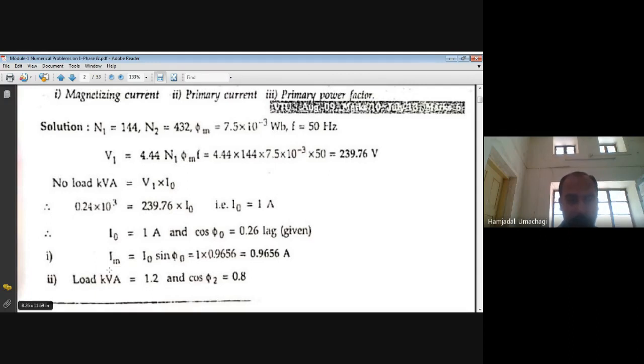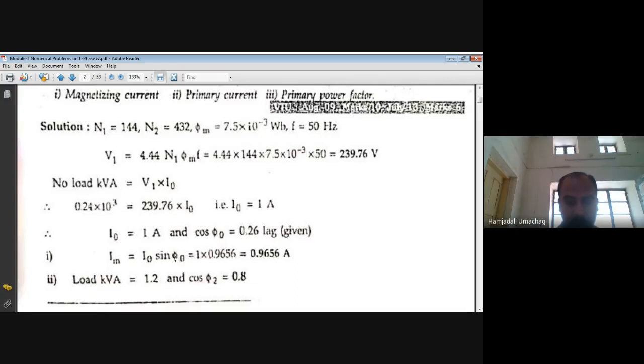We know that magnetizing current Im is given by I naught sine phi naught. I naught value is 1 ampere. Sine phi naught: cos phi naught is given as 0.26, so phi naught is equal to cos inverse of 0.26.